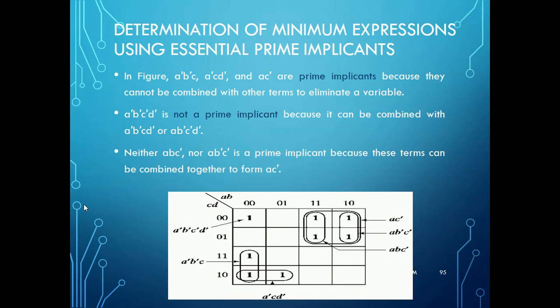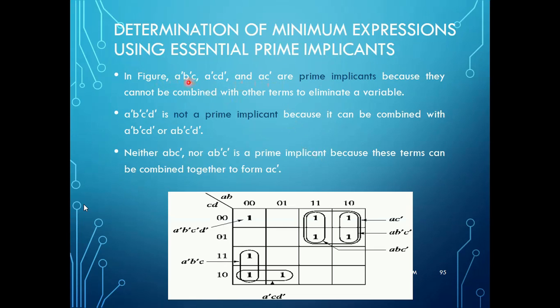Now let us take one particular example to show which are implicants or prime implicants and which are not prime implicants. Here in the figure, let us take this particular K map, a 4 variable K map, A, B, C, D. Here you can see that there are some ones which are already grouped: A bar B bar C, A bar C D bar, and A C bar.